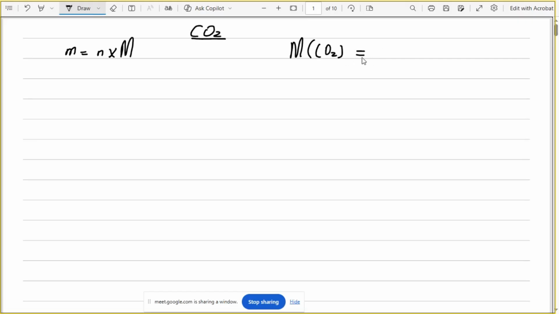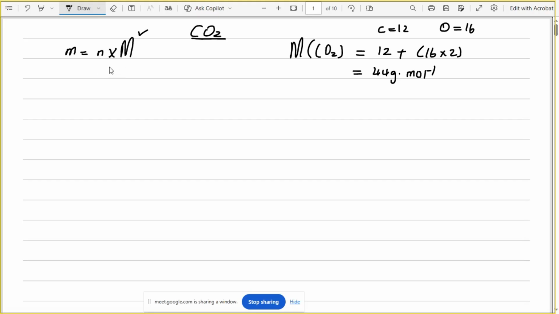It's 12 plus 16 times 2. Carbon is 12, right? That equals 44. This gives us the molar mass of 44 grams per mole. Already, in the formula, you have the molar mass.